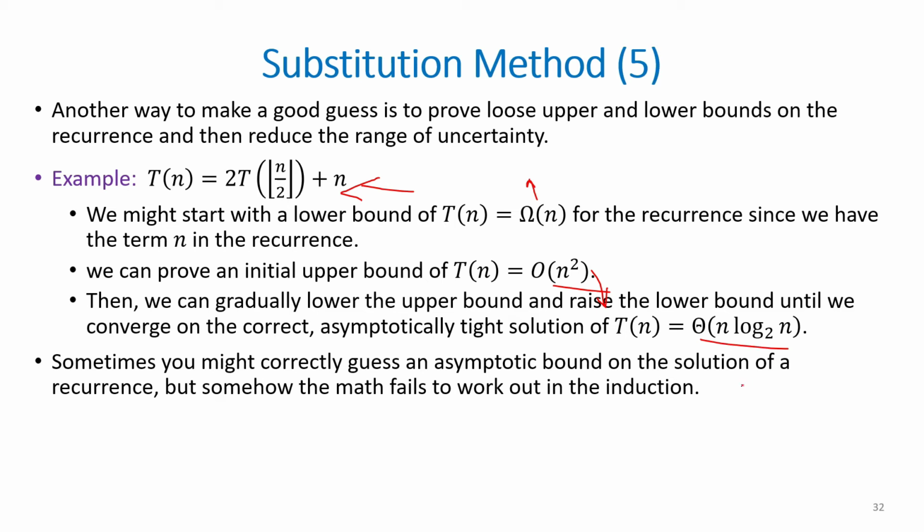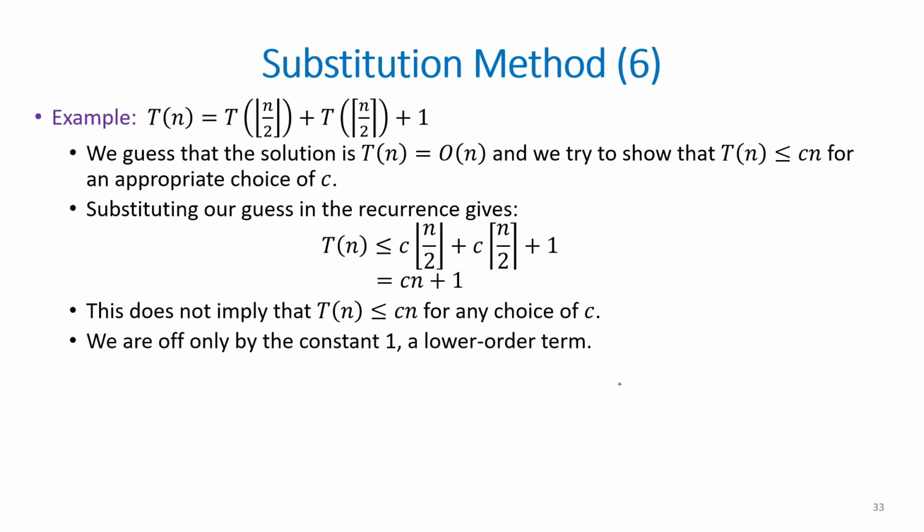Sometimes it may also occur that you make the right guess for a given recurrence equation, but when you work out the math, you do not actually get what you expect. As an example, take a look at this recurrence equation. We guess that the solution to this equation is t of n equals big O of n.